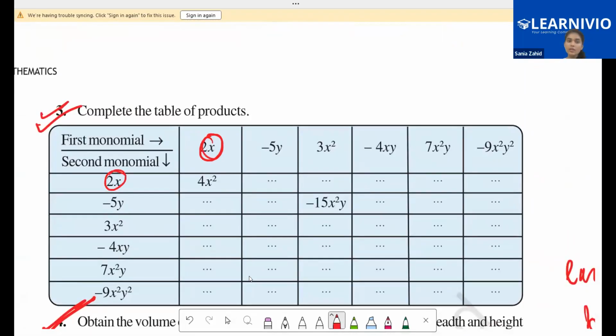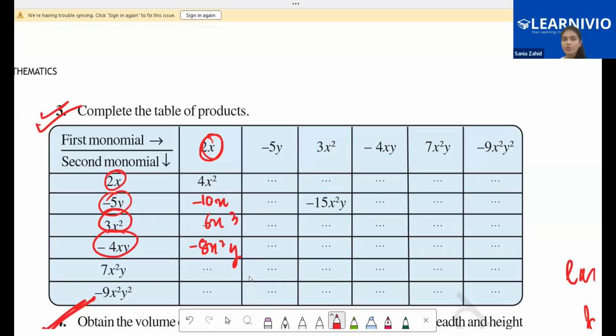Then 2x only you multiply with minus 5y. What do you get? Minus 10xy. Yeah, then 2x you multiply with 3x squared, 6x cubed. Then with minus 4xy, minus 8x squared y.